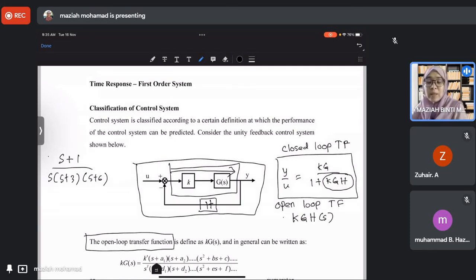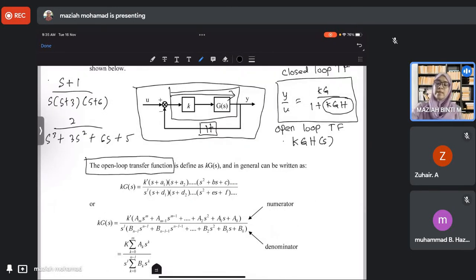Sometimes you also see it in the form, let's say, 2 over S cubed plus 3S squared plus 6S plus 5. So it may be in factored form, S plus 3, S plus 6, or it may be in polynomial form.